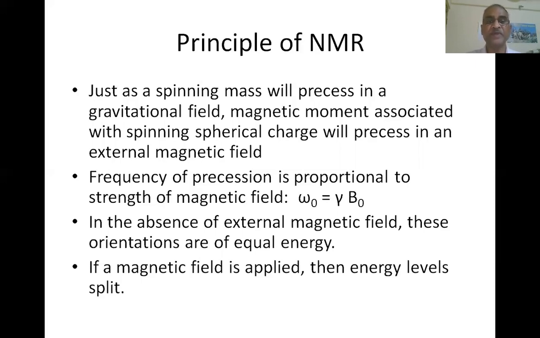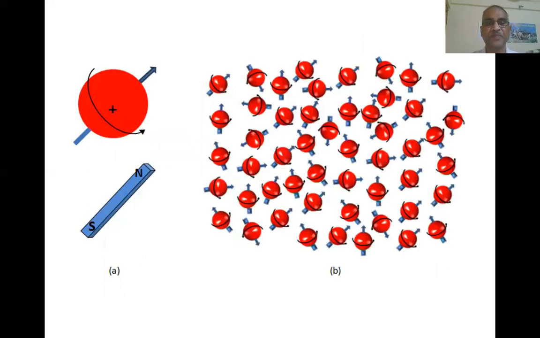In the absence of a magnetic field, these orientations are of equal energy. If a magnetic field is applied, the energy levels split. As you can see in this diagram, these red balls are spinning nuclei. These spinning nuclei act like a bar magnet, with a north pole and south pole.